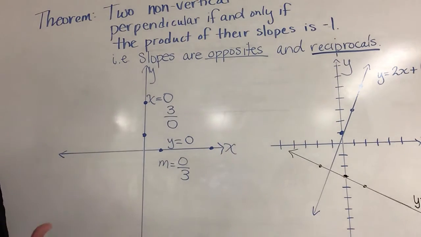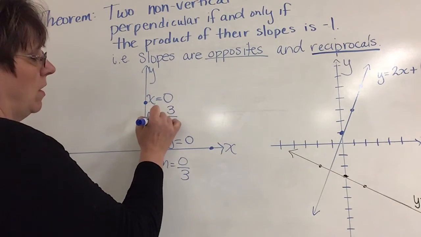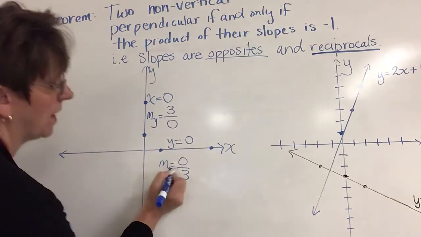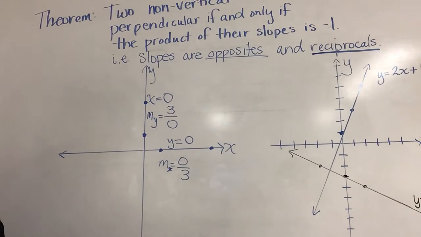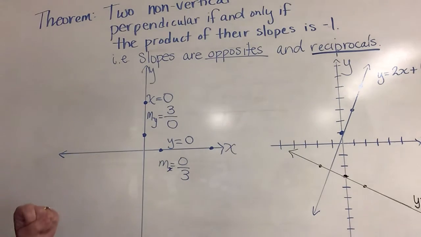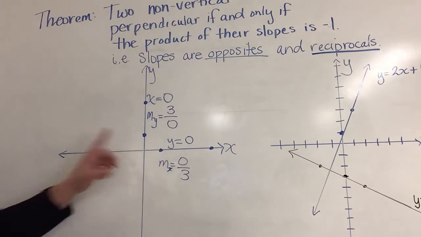Well, if we know anything about fractions, we can't have a 0 in the denominator. So the slope of the y-axis is 3 over 0. The slope of the x-axis is 0 over 3. One thing you might notice about those two slopes is that they are reciprocals of each other. One has a 0 on top, one has a 0 on the bottom. So I started with those two lines to give you an idea. These two lines are perpendicular.